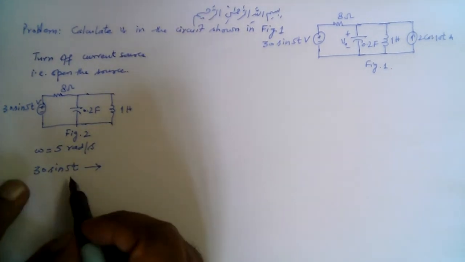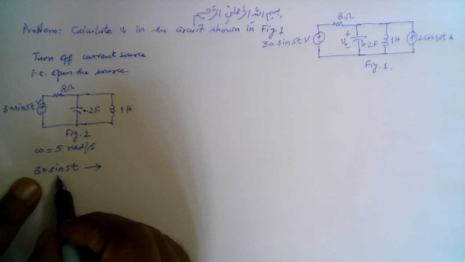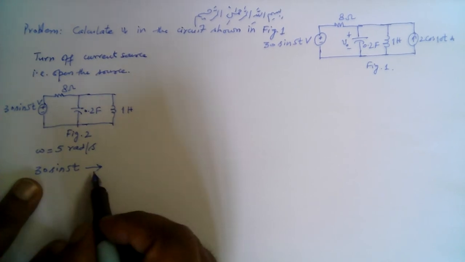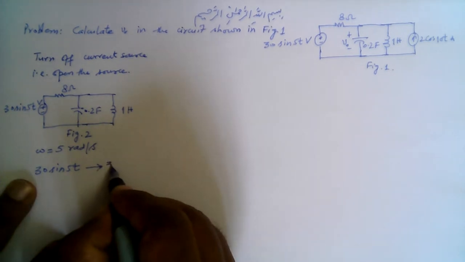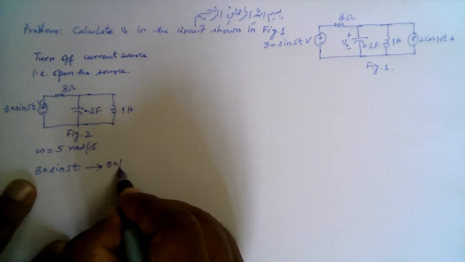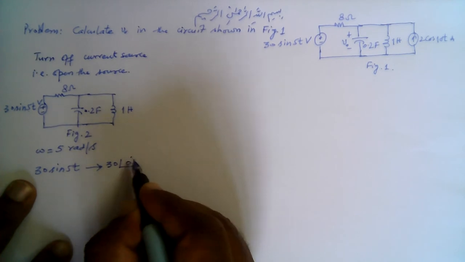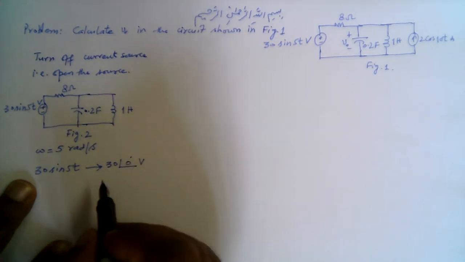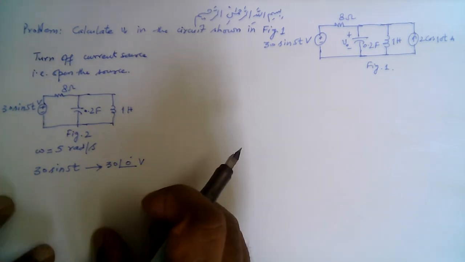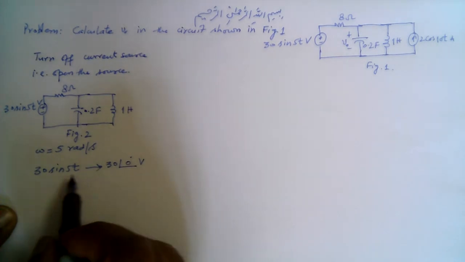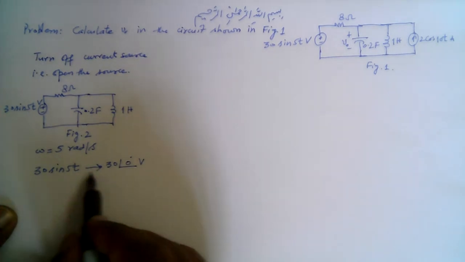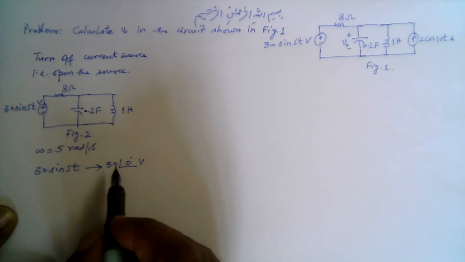We could first transform the sine function to the cosine function and then find the phasor, or we can even use the sine as the base. So 30 angle 0 degrees volts, but when we obtain a result in the phasor domain and then transform it back to the time domain, again we will have to use the sine function. So this is the voltage source.